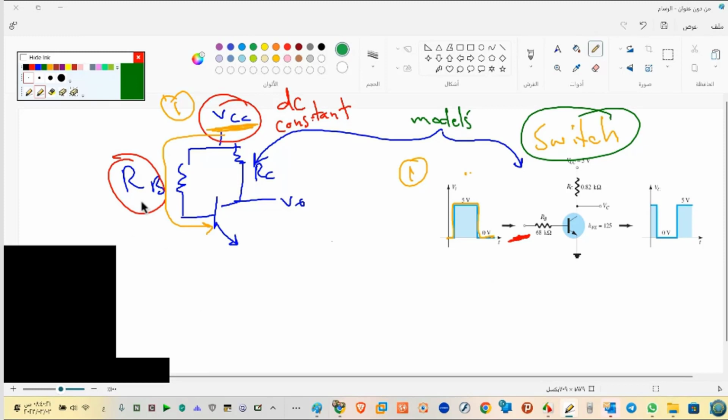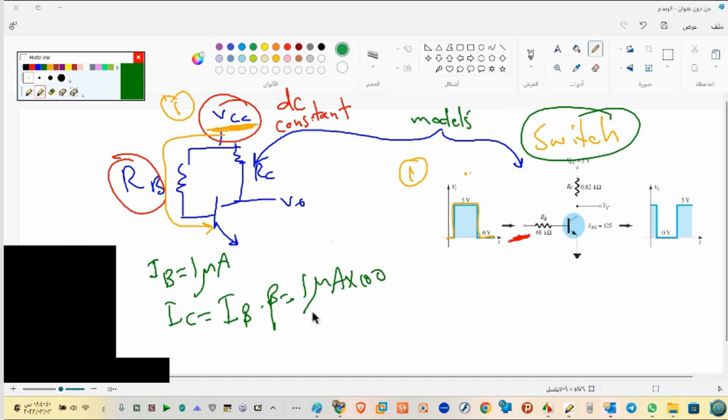For the physical, if I have, for example, IB equal 1 microampere, IC will be IB multiplied by beta, for example 1 microampere multiplied by 100. That means 100 microampere. Finished.